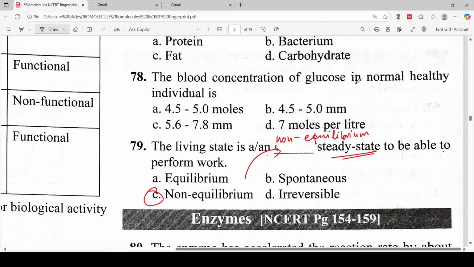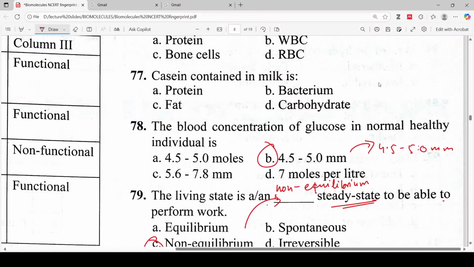So next, the blood concentration of glucose in a normal healthy individual is. So the correct answer for this question is option B, 45 to 50 millimeter. Next question, casein content in the milk is a, of course it is a protein. Casein is a milk protein.